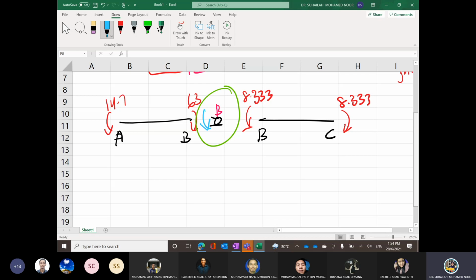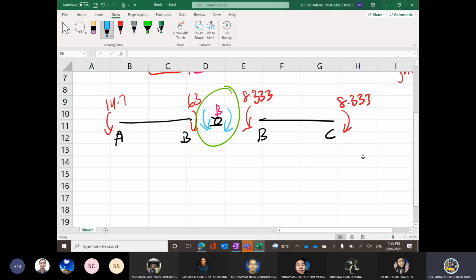If the direction of FEMBC is in this direction, we have to put another moment direction opposite with this one. Look at the blue moment direction. The moment that we distribute is the blue moment.